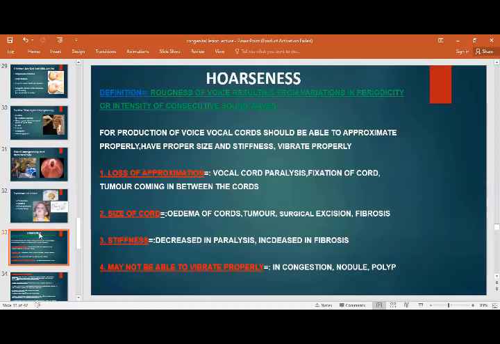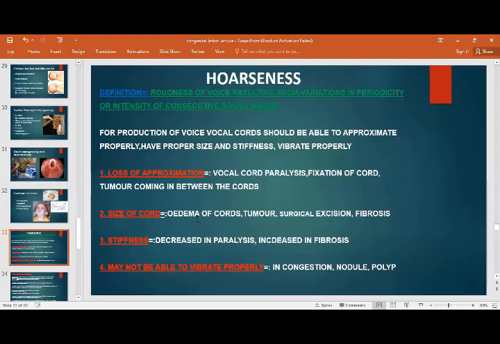The problem arises when there is a loss of approximation, like vocal cord paralysis, fixation of the cord, vocal cord tumor, or laryngeal tumors. Or there is a change in the size of the cord, for example acute edema of the cords.